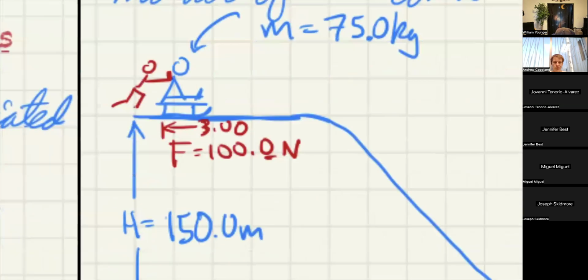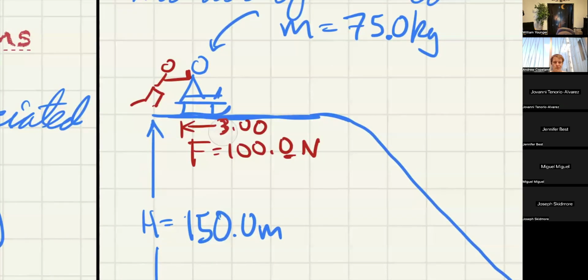That's really small. Let me make that bigger. The dad is going to push horizontally, so we don't have to worry about doing the dot product, because it's obvious that if the force is horizontal and the displacement's horizontal, the angle between the force and the displacement is 0.